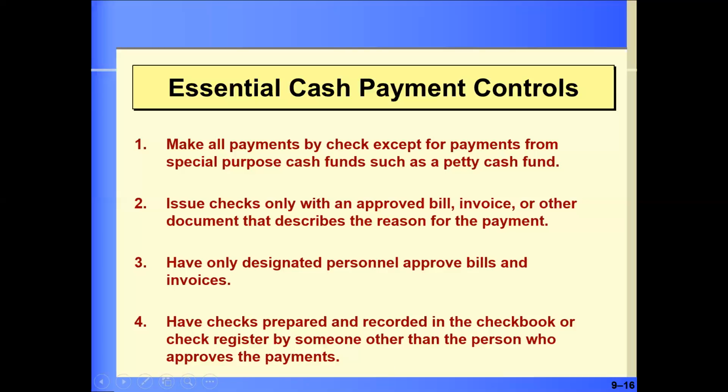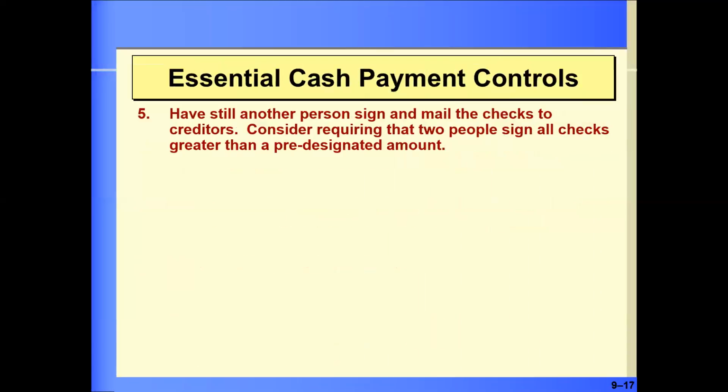Checks are prepared on paper or electronically and recorded in the checkbooks or the software system, and there's a check register in the software system, by someone other than who approves the payments. So the same thing happens whether it's a paper manual system or a computerized system.